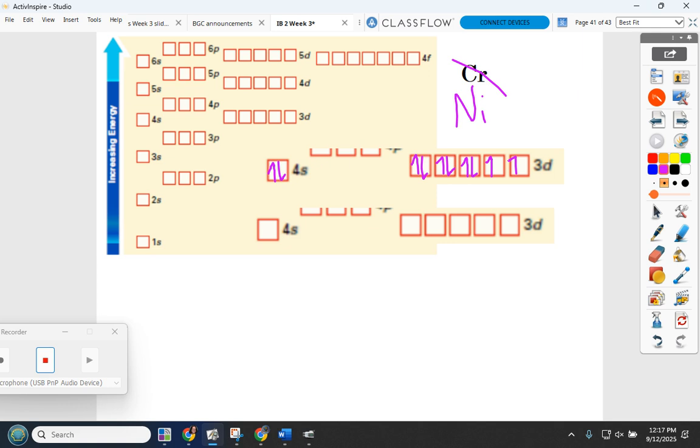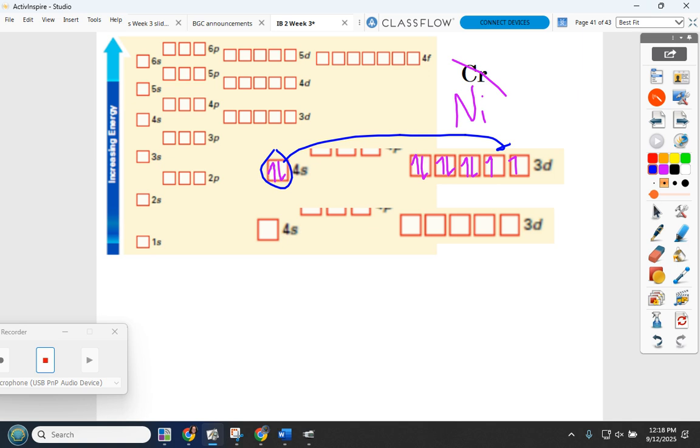But why doesn't nickel just take these 2 electrons and put them over here? Because that would be giving it a nice full 3d sublevel. And the reason is that moving 2 electrons over and having an empty 4s is not energetically favorable.